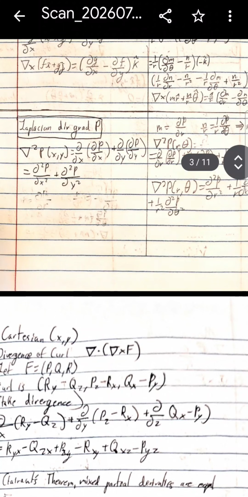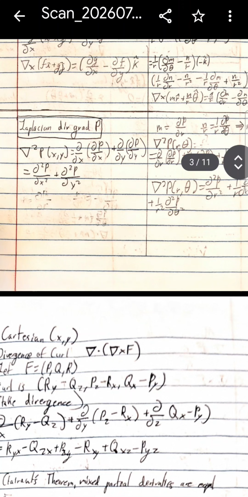Remember, it is BAC-CAB to expand it into del times the dot product of del with F minus del dot del times F, which is expanded into del times the divergence of F minus del squared times F.